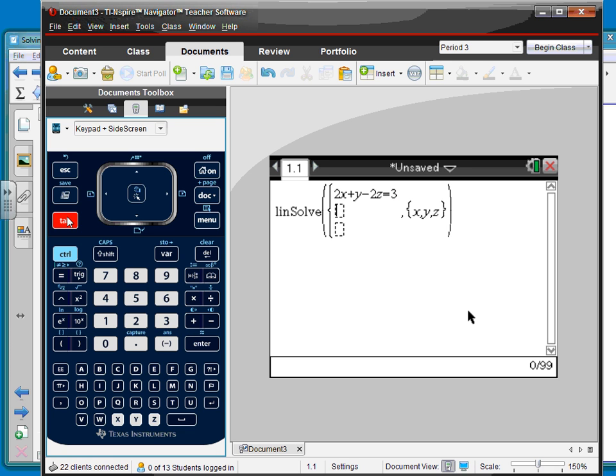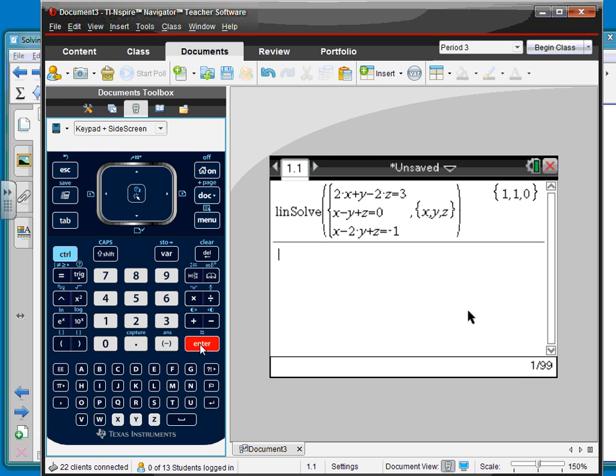Tab down. x minus y plus z is equal to 0. Tab. And then x minus 2y plus z is equal to -1, and hit enter. When you do it, it gives you your point of intersection, and you know that you're right.